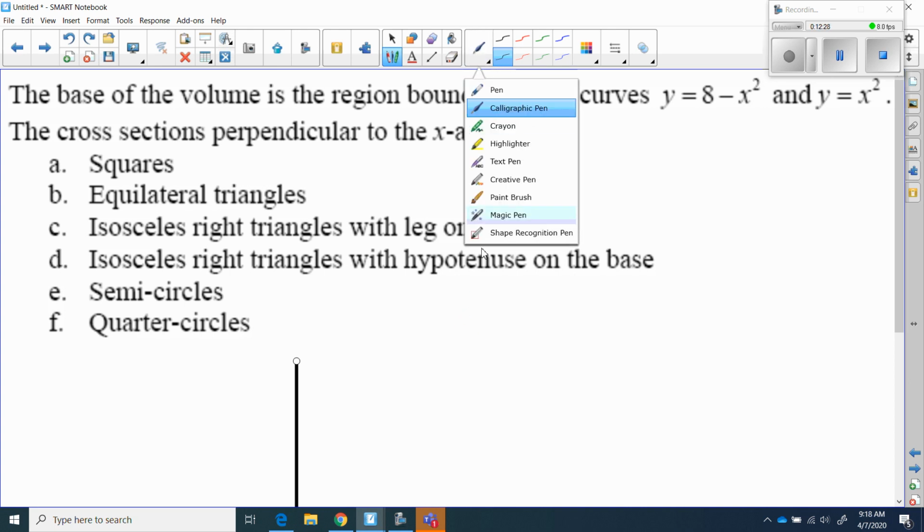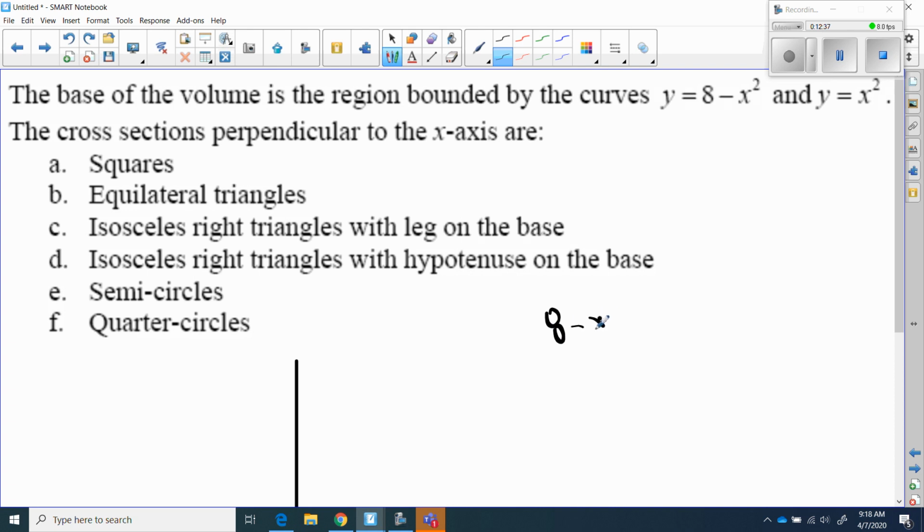So in this one, the first thing I'm going to need to do is get a picture of what these graphs look like. So I've got two functions, 8 minus x squared and x squared. When I go to draw that, I want to know where they cross each other. So I'm going to figure out what the point of intersection is.